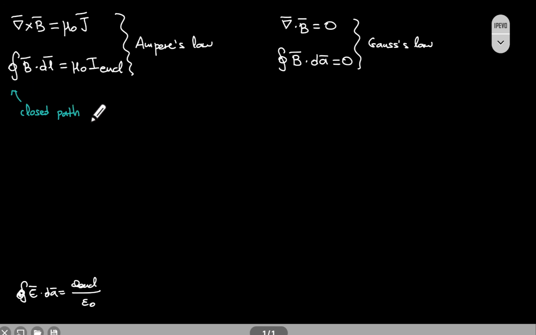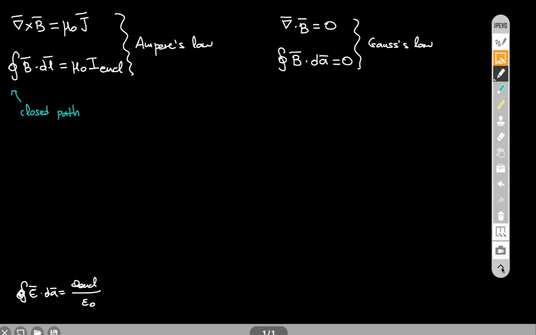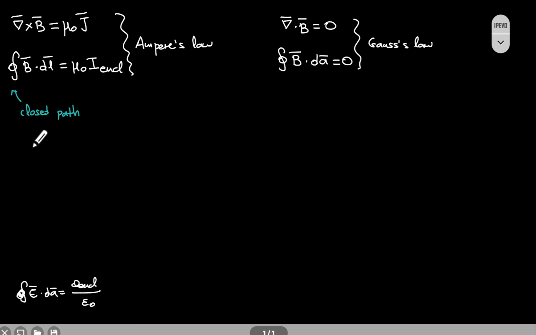Now, the way that I would like to see applications of Ampere's law in problems, okay, the first thing that we will do in problems, I want to see what is the vector B, and then I want to know what is the vector dl.